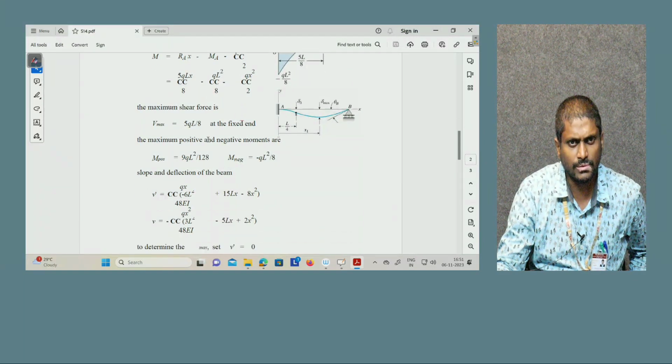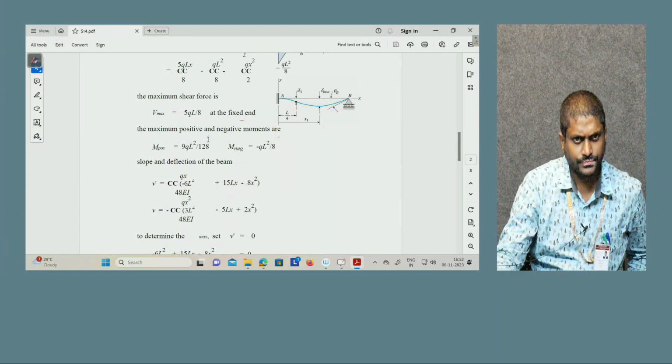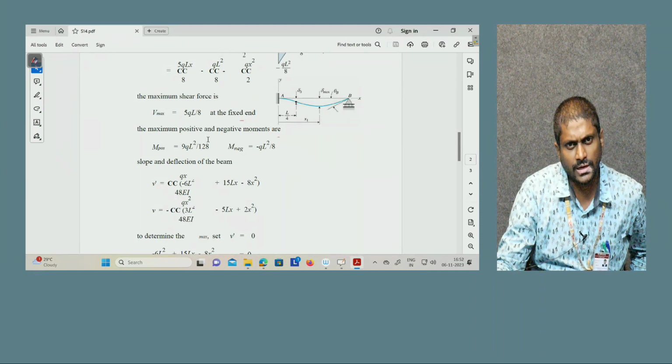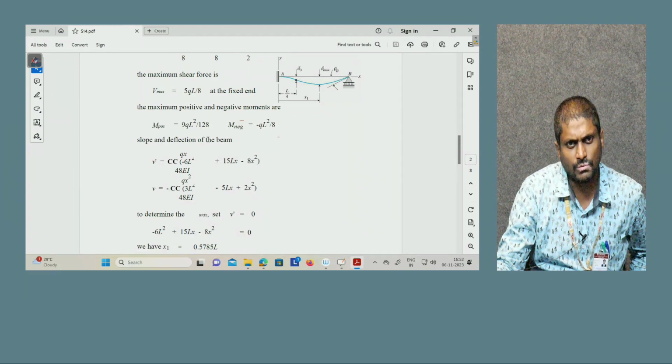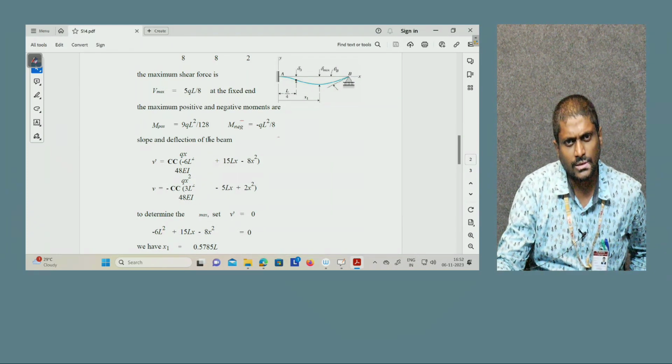Slope and deflection of the beam: v dash equals qx by 48EI times minus 6L square plus 15Lx minus 8x square. v equals minus qx square by 48EI times 3L square minus 5Lx plus 2x square.